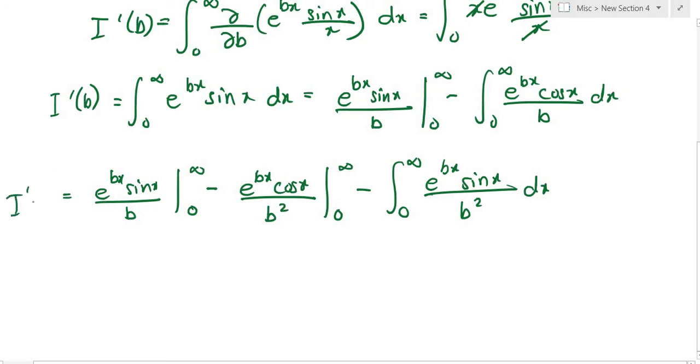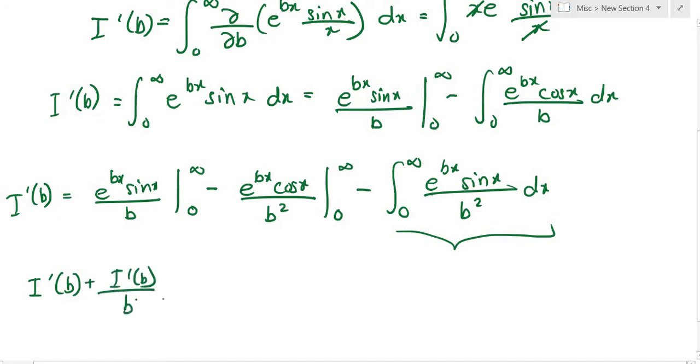And this is nothing but our I prime of b. Now notice that if you factorize the b squared out, we have I prime of b divided by b squared over here, in the place of this term. So we have I prime of b. When I bring this term to the other side, I have plus I prime of b divided by b squared. And over here, when we plug in 0, everything will become 0.